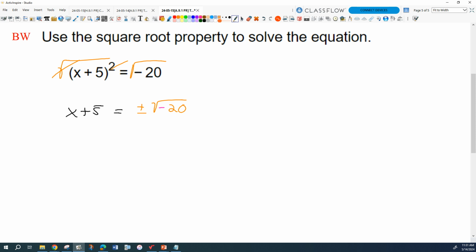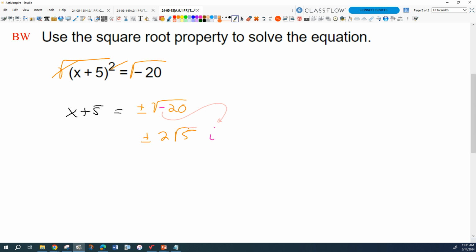What happens to the negative? Okay, it becomes an i. There we go. Good. So we end up with plus or minus 2 times the square root of 5 times i, right? Because that negative inside becomes an i outside. You can put the i in front of the square root if you want to also. Okay, good.